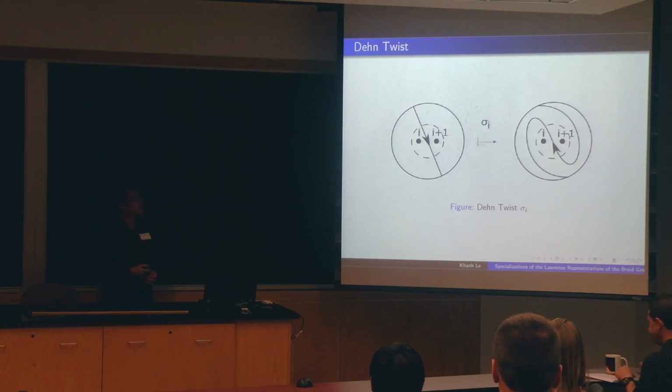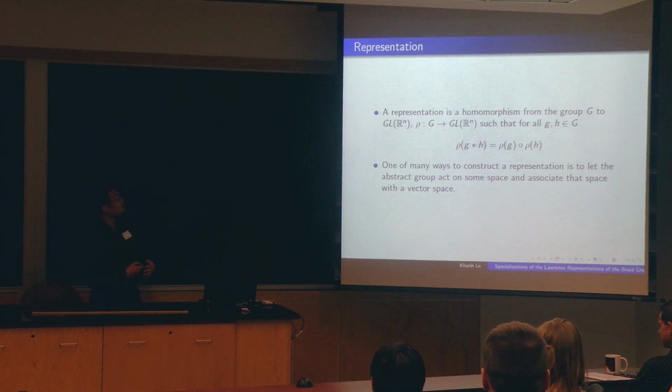As we can see, such a mapping fixes the boundary, and we can also show that this mapping satisfies the two relations given earlier. So they in fact correspond to the finite set of generators of the braid group.